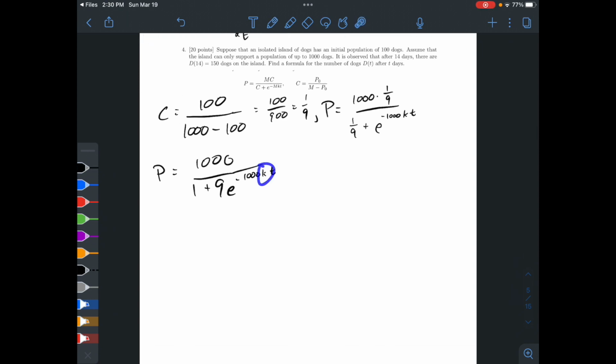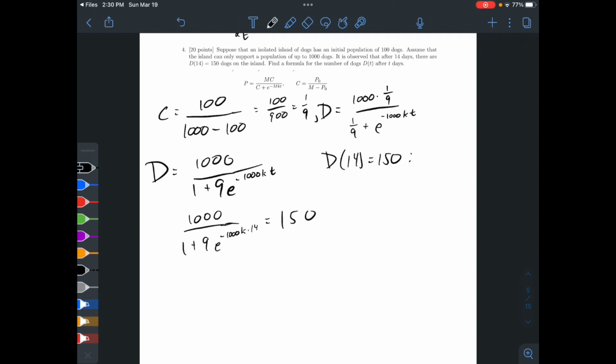That's our formula. But we also need to solve for k, right? Oh, sorry, I should be using D's instead of P's. There we go. Right, so we know that D of 14 is equal to 150. So let's plug that information in here. If I plug in 14 to this, that should be equal to 150.